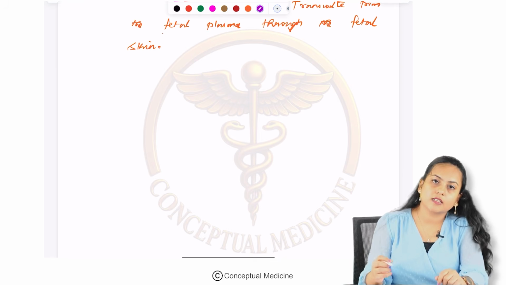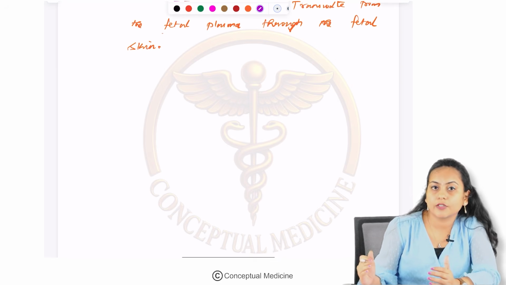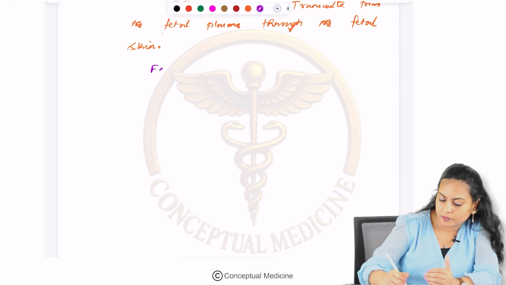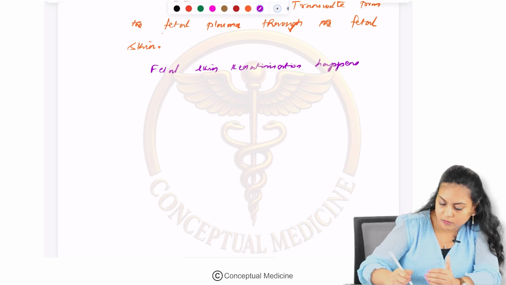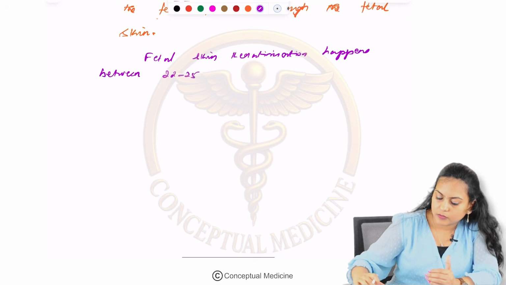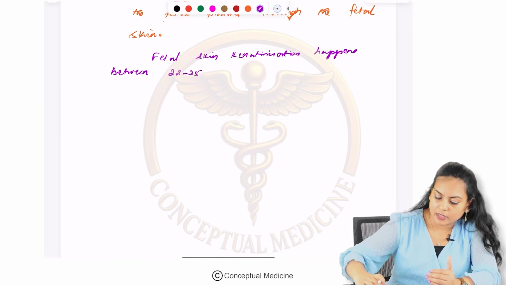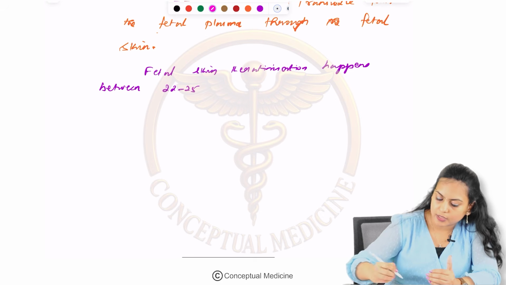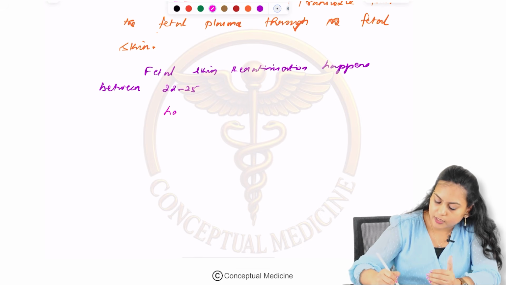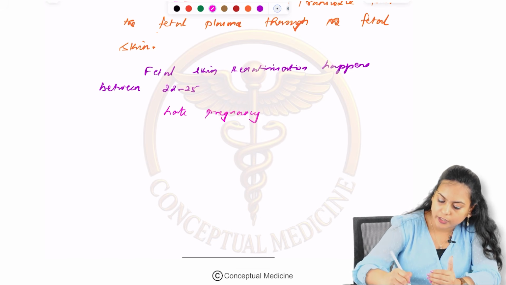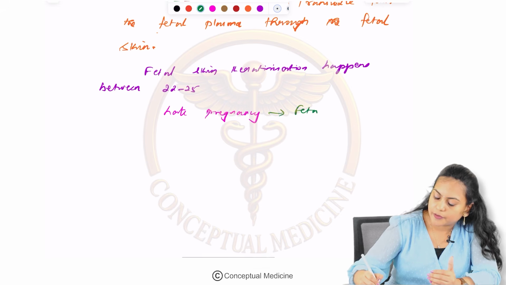So, usually the fetal skin keratinization happens between 22 to 25 weeks. Until this period, the fetal plasma will be an important source. However, the major source in later pregnancy is the fetal urine.